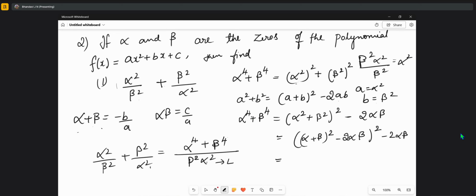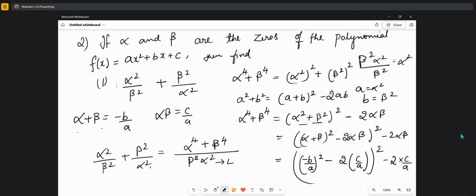So alpha square plus beta square is what? Alpha plus beta whole square minus 2 alpha into beta, right? And you have square here, I've written as it is, minus 2 into alpha into beta. Okay. Alpha plus beta whole square is what? Here minus b by a, right? Alpha plus beta. So minus b by a whole square minus 2 into c by a, whole square minus 2 alpha beta, that is c by a.